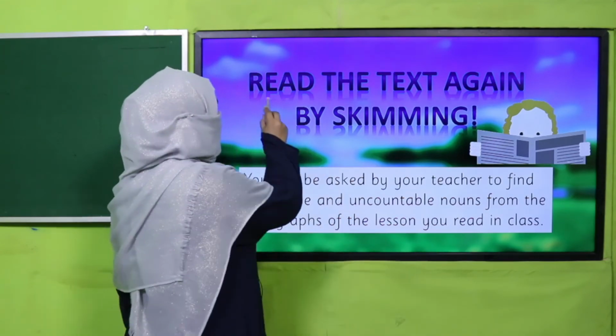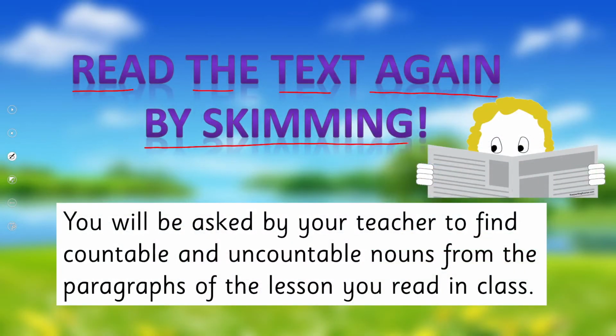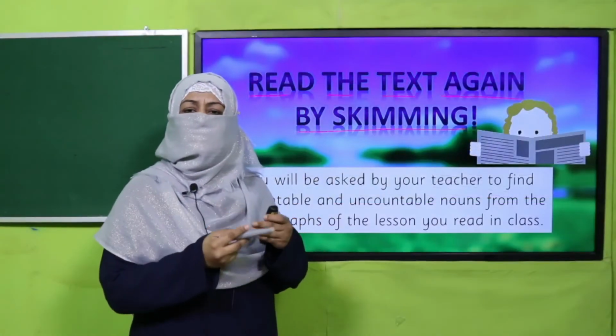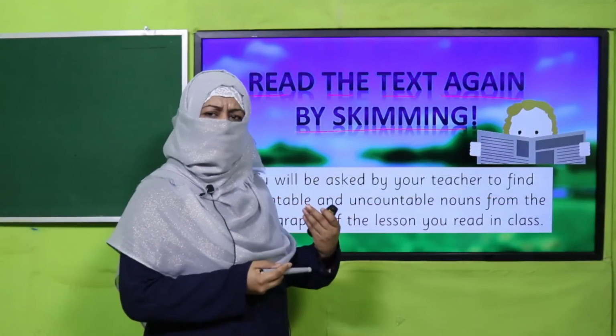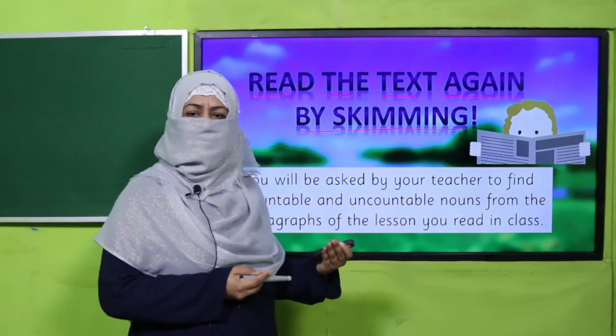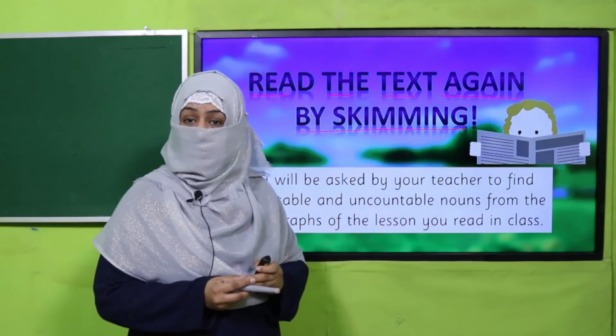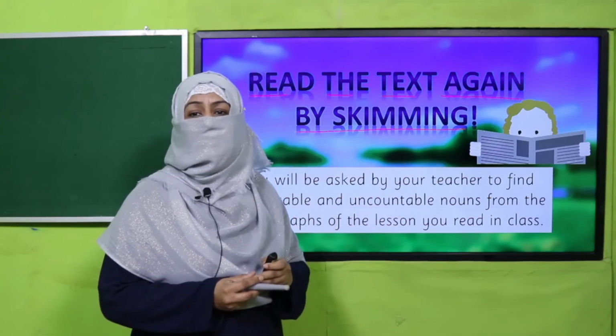So you will read the text again by skimming. Let me tell you what skimming is. Skimming is a quick go-through, like you just read for reading, because now we have already understood the text, so we need not stop at different points. We just keep on reading quickly, the way we read a newspaper or the way we read a story.